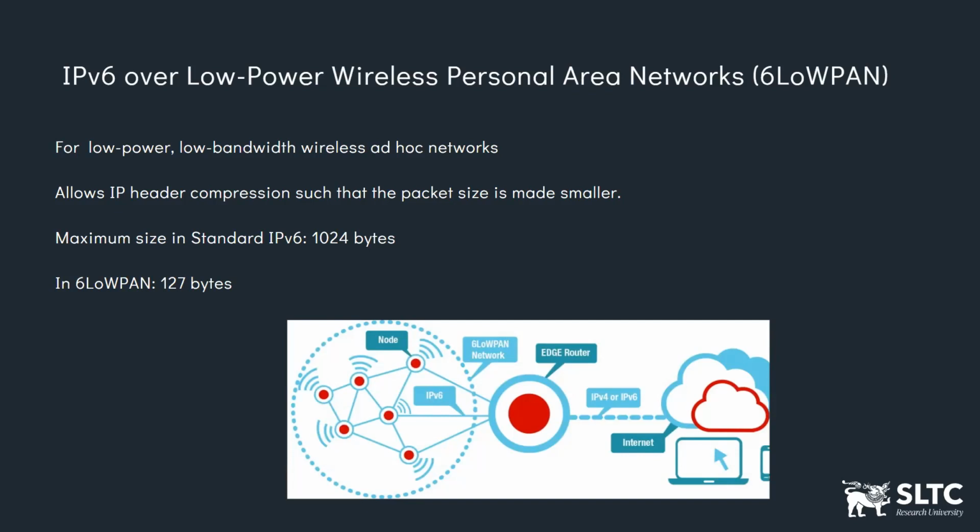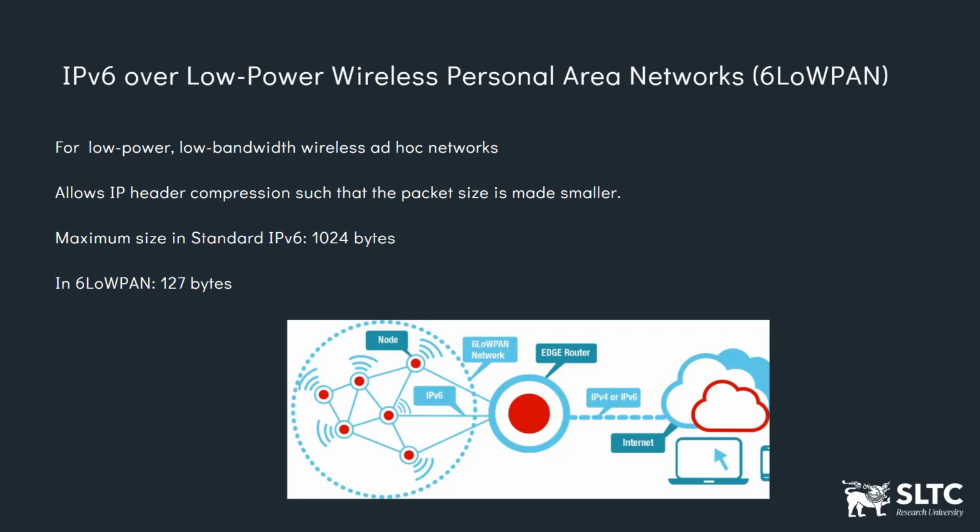Apart from that, the maximum size of a standard IPv6 data packet is normally 1024 bytes. However, in the 6LoWPAN protocol, the data packet size is reduced to up to 127 bytes. Because of the header compression, the size of the data packet is reduced significantly from 1024 to 127.